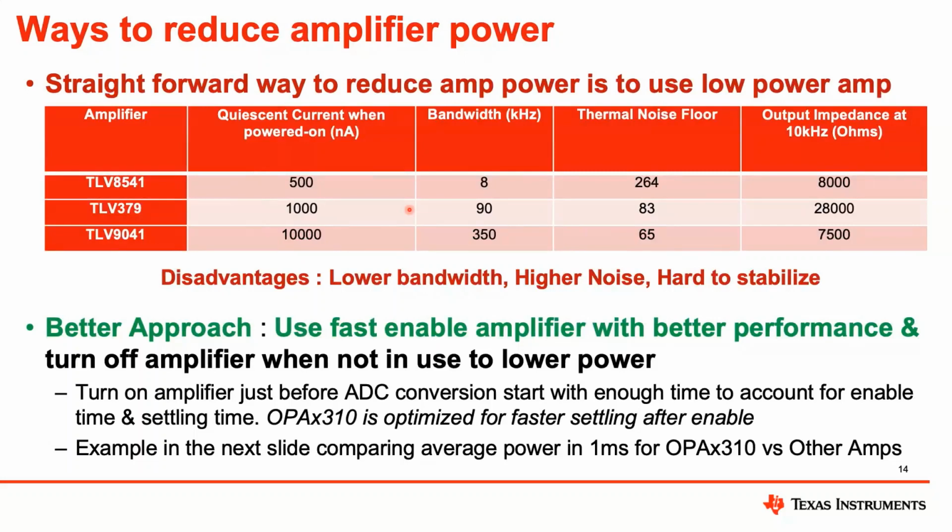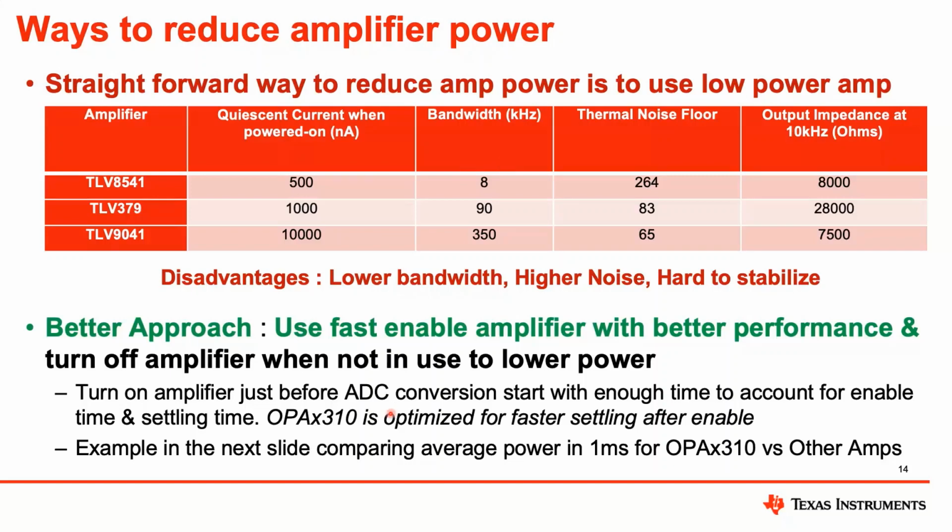If your application is going to be less than 100 hertz of bandwidth or so, you are possibly okay using a low bandwidth amplifier, as long as your thermal noise floor numbers are acceptable for the SNR you're targeting.